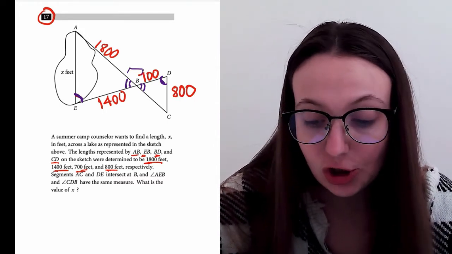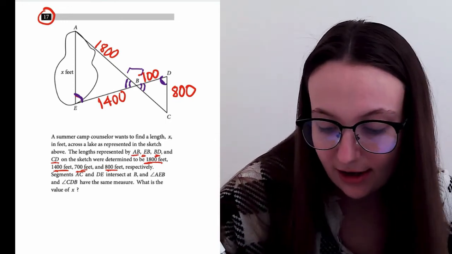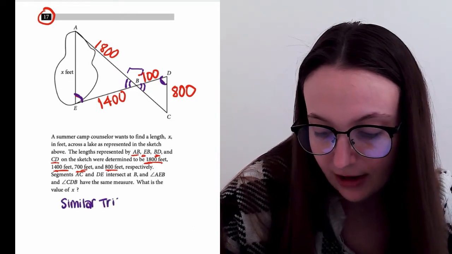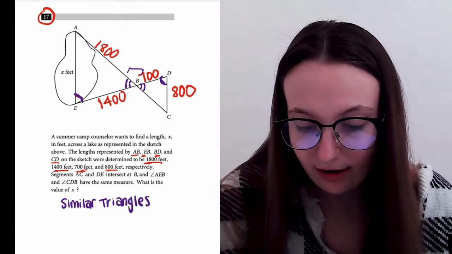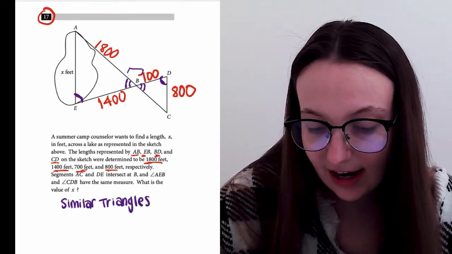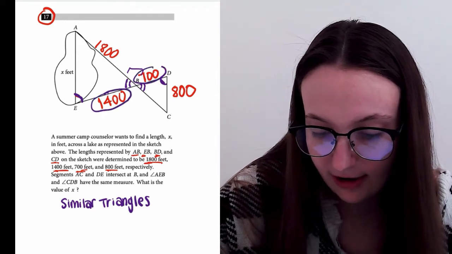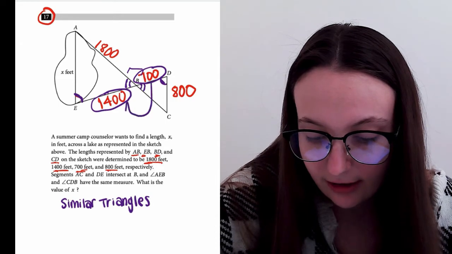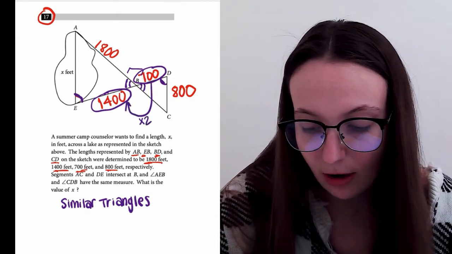So we said that two pairs of congruent angles is enough to call for similar triangles. So we know then that these are indeed similar triangles. So what that means then is that the sides are going to exhibit proportionality. I can see that the sides that go together, the 1400 and the 700, well, the difference between the two is that the bigger triangle is 2 times the length of the sides of the smaller triangle.